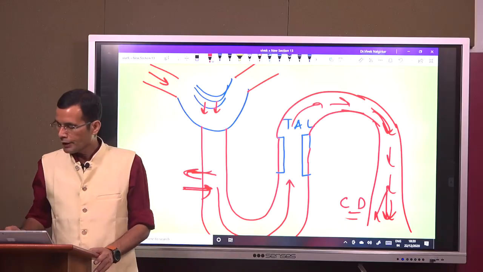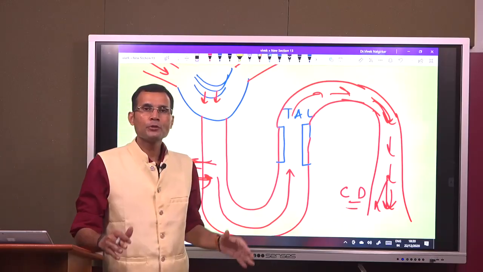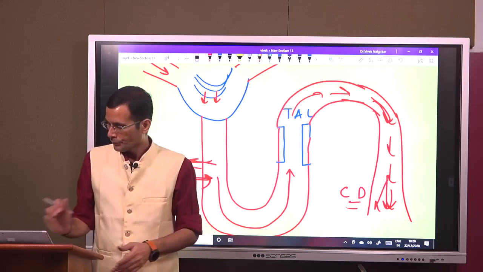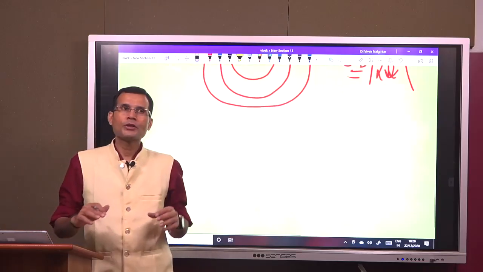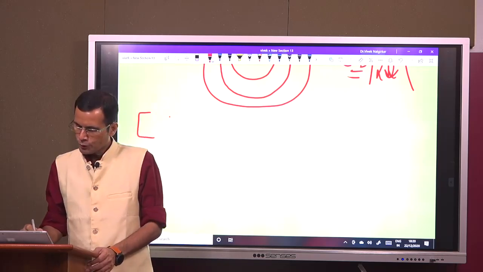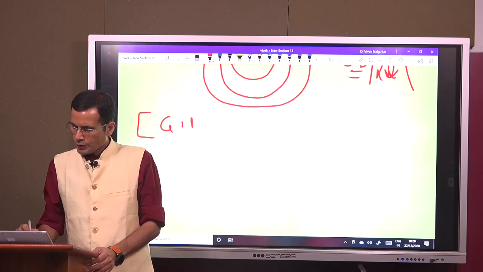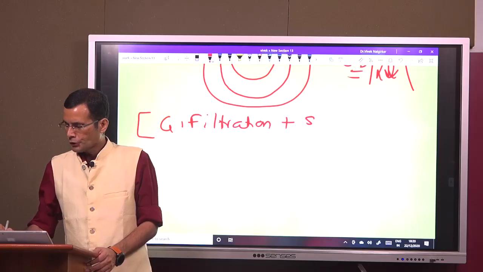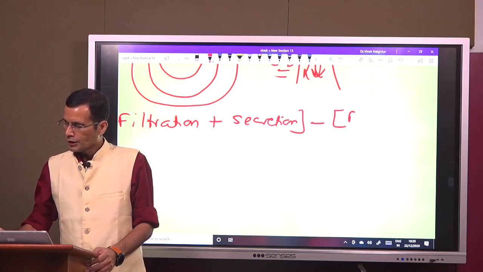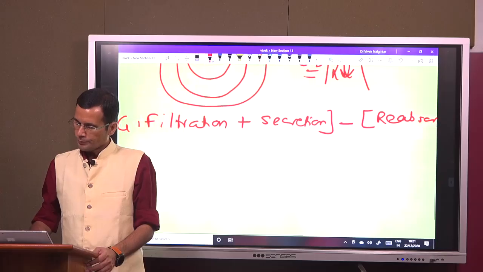So, if I were to say what is the urine composition, I mean it is made up of what? Or what are the processes? So the final urine composition is equal to glomerular filtration plus tubular secretion minus the tubular reabsorption, isn't it?